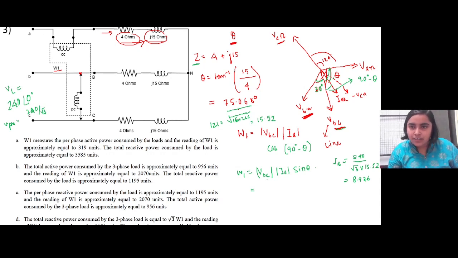VBC is actually the line to line voltage, right? So it is 240 times 8.926. Line current and phase current will be the same, and sine of theta, which we have calculated as 75.068.